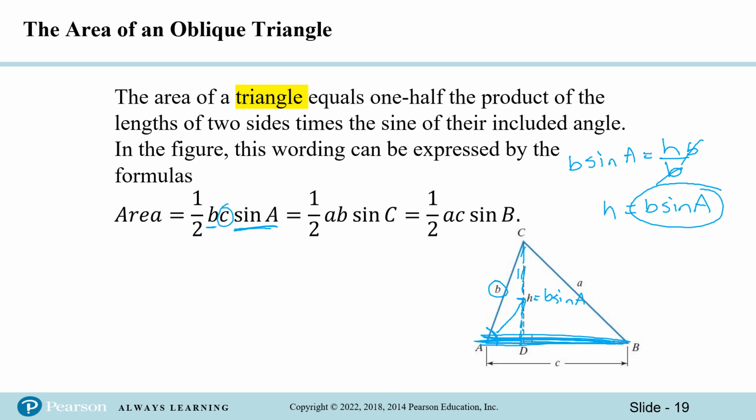But there's other ways. We could look at the sine of B. Sine of B would be H over A, multiply both sides by A. So this time the height is A sine B. Here's my A sine B. My base is still C. And I don't want to redraw the triangle, but that's basically the same.